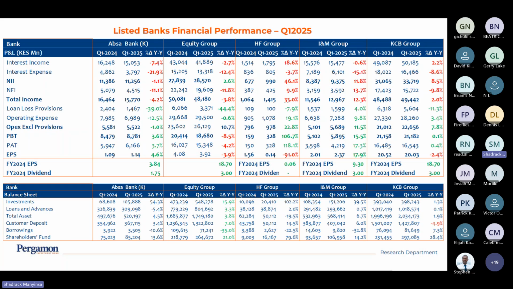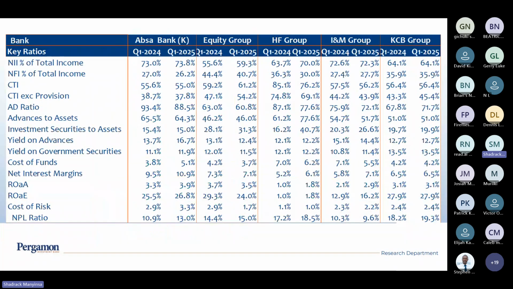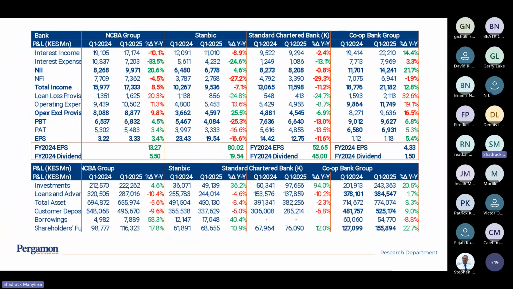And then we shall see how that impacted customer deposits, and how it has impacted interest expense, which has gone down. Some banks have recorded declines on customer deposits and borrowings. Then we have NCBA, Stanbic, Standard, and Co-op Bank, which accumulates to around nine banks.